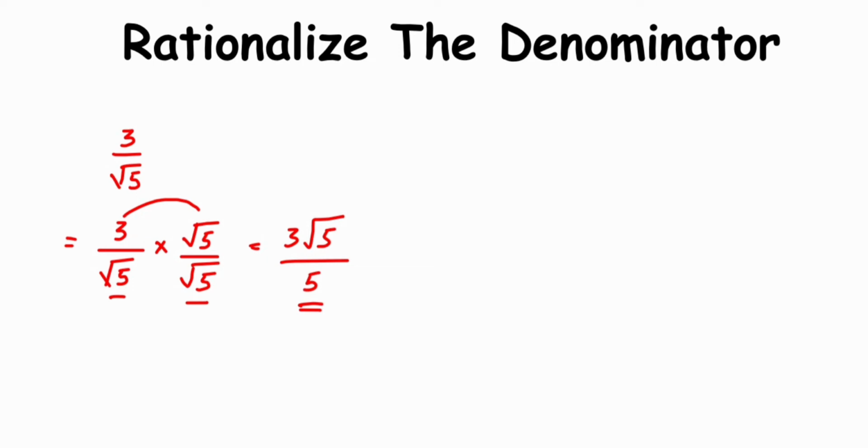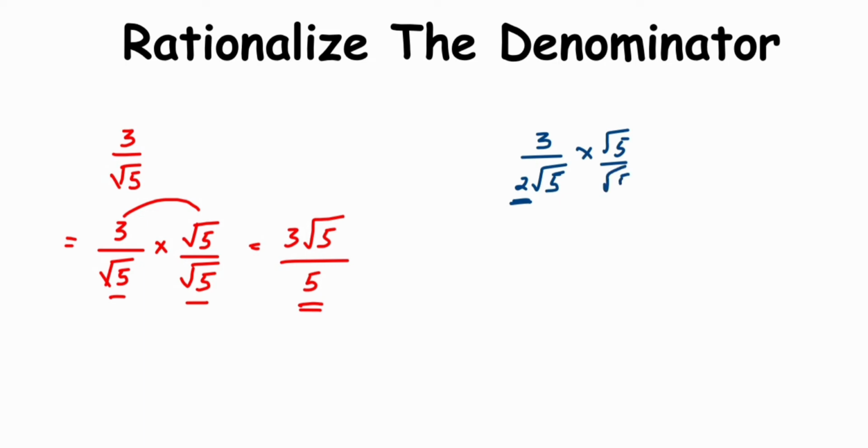Now I'll take one more example. Suppose I have 3 upon 2 root 5. Now you might be thinking what we should multiply with. Here you don't have to multiply with 2, because 2 is already a rational number. We want to only remove this root 5. In that case you multiply root 5 in the numerator and denominator.